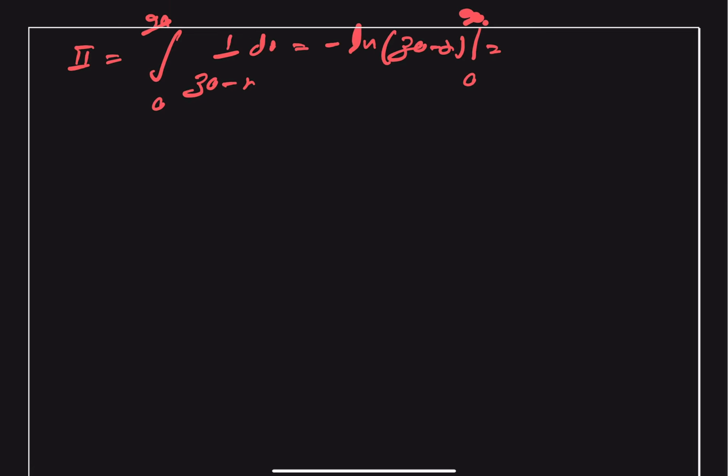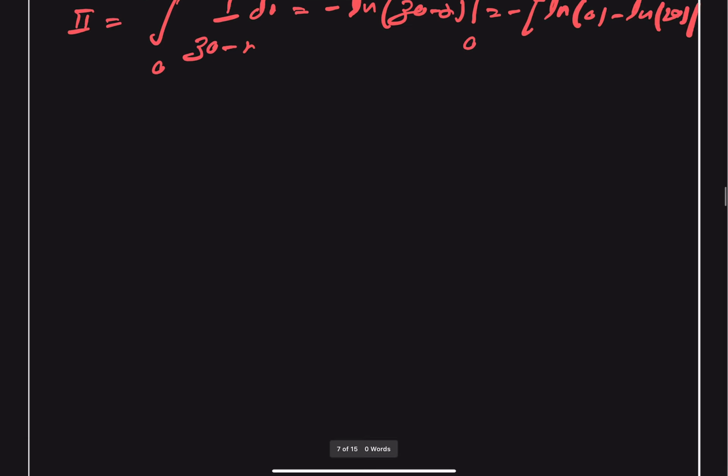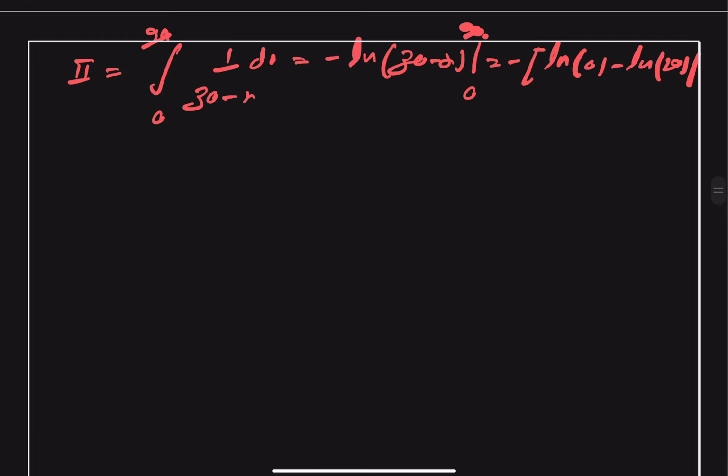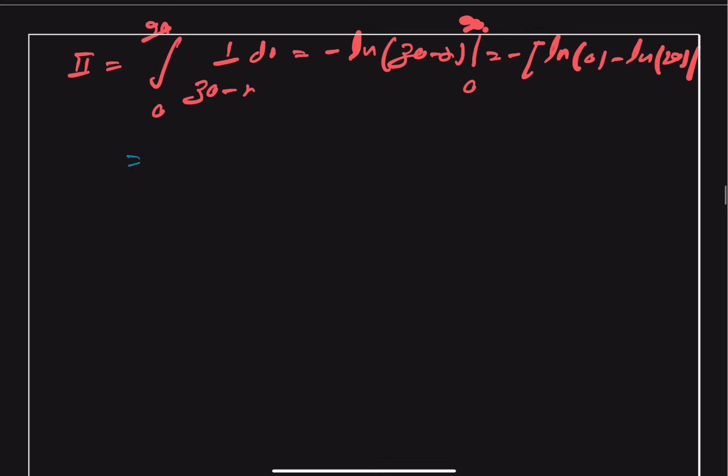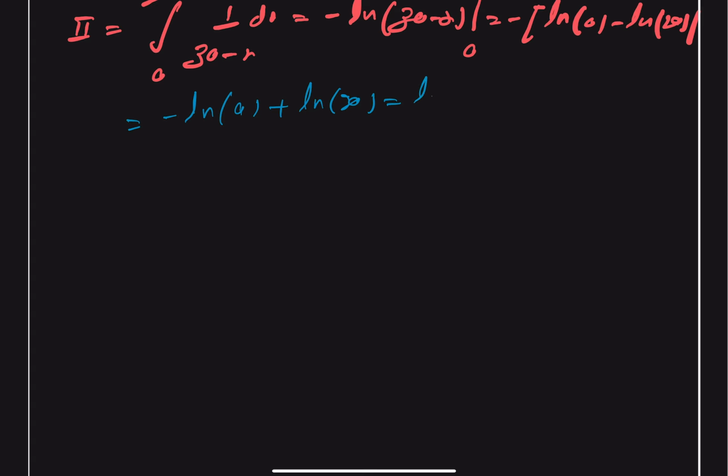This comes as 3a minus 2a, so natural log of a, minus natural log of 2a, and we can just simply solve it now. This will be minus natural log of a plus natural log of 2a, and once again this will be natural log of 2a by a, and a cancels out, so this comes as natural log of 2.